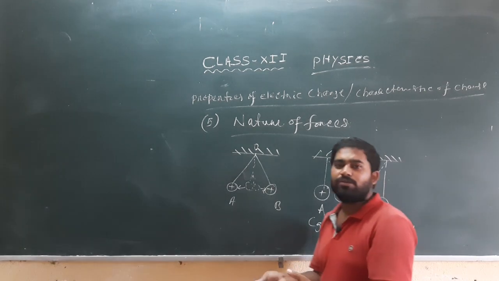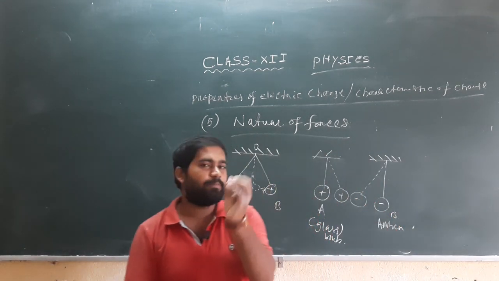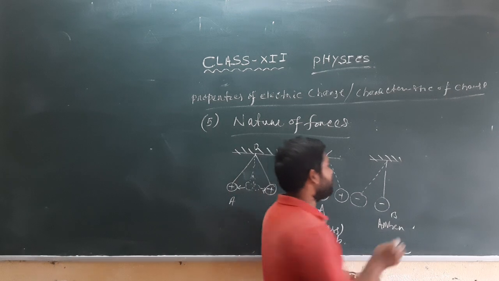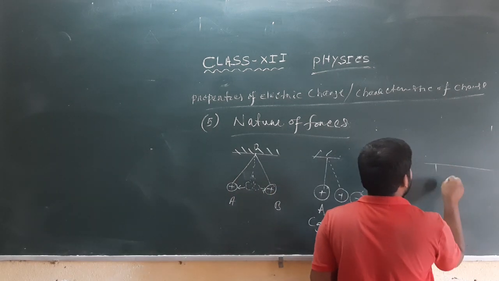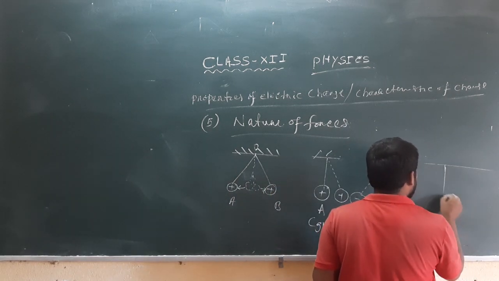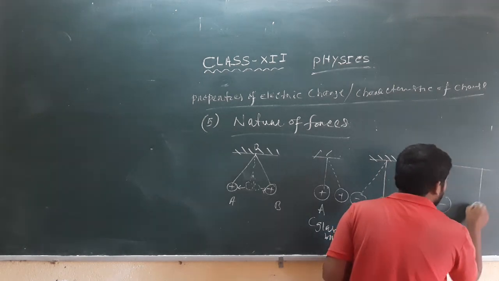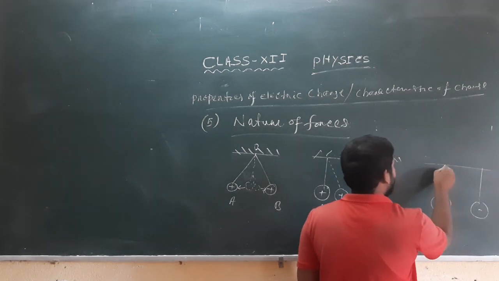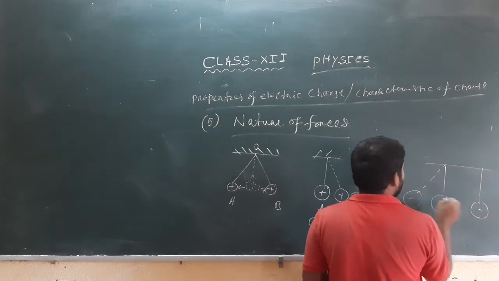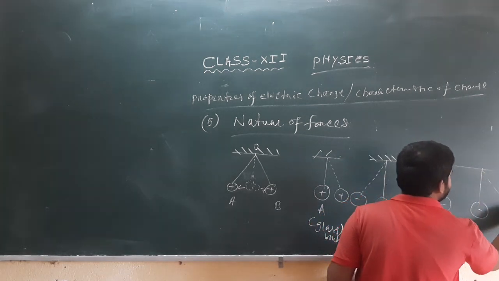So in conclusion we can say, when we take similar types of charges, you may take here one amber ball and another amber ball, then we find both the amber balls move away from each other.